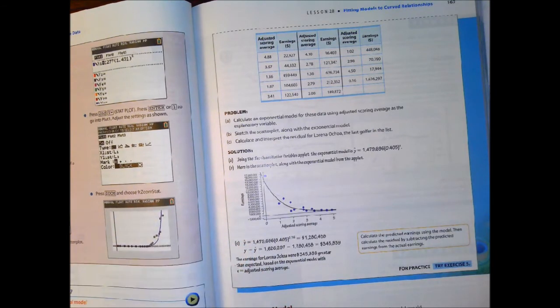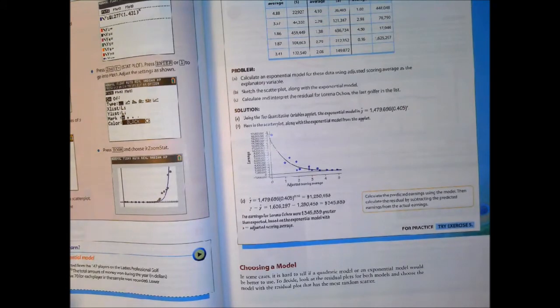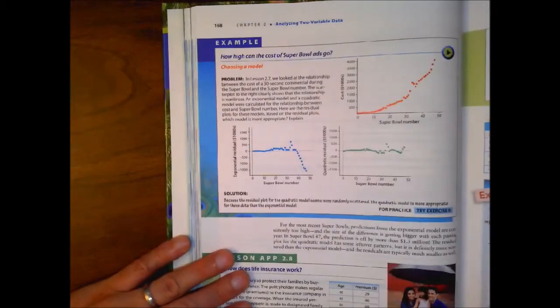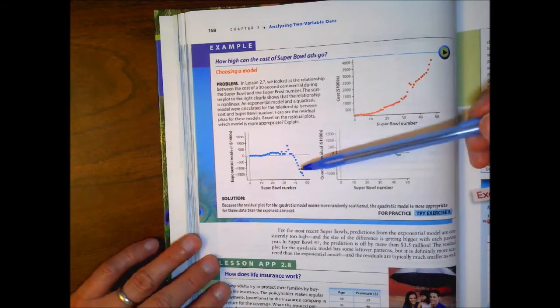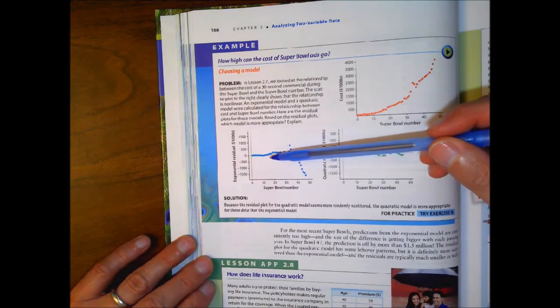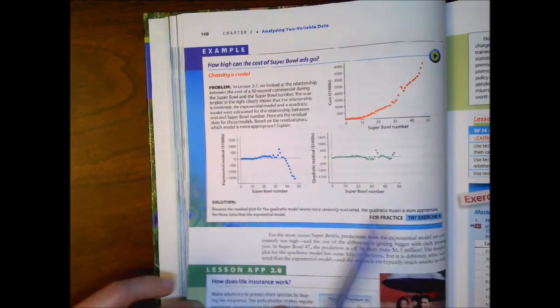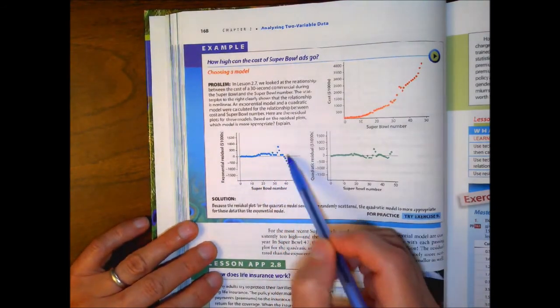The last thing we want to talk about is how do you know whether it's going to be linear, quadratic, or exponential? What we can do is look at the residual plots. If we did an exponential and looked at all of the residuals, these are all the residuals plotted.